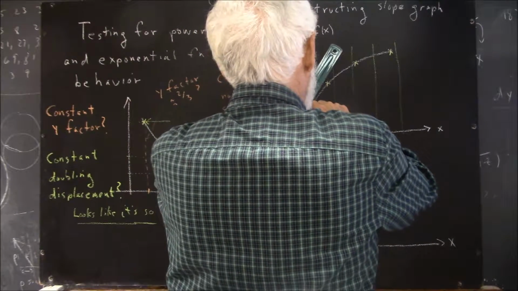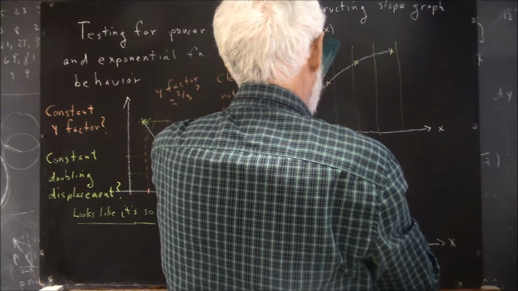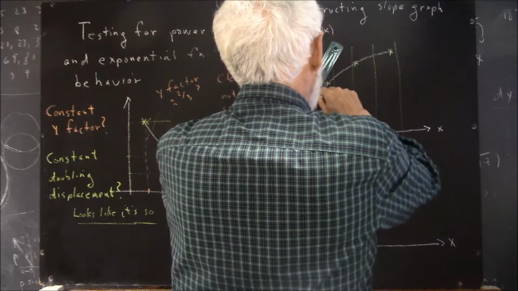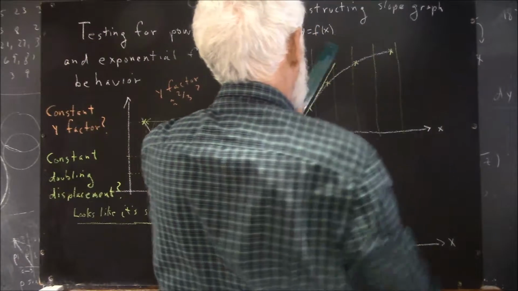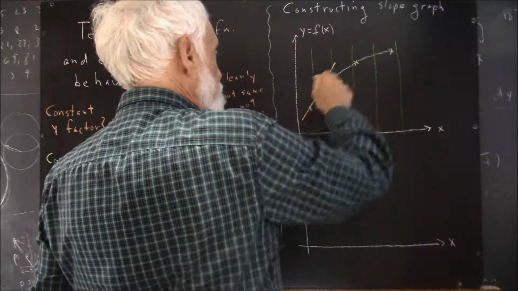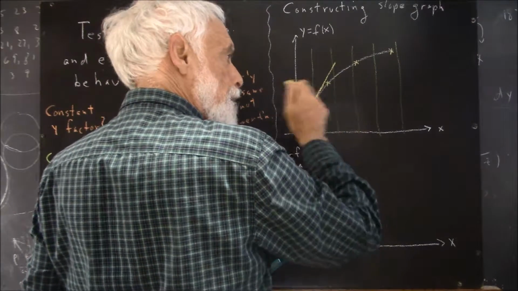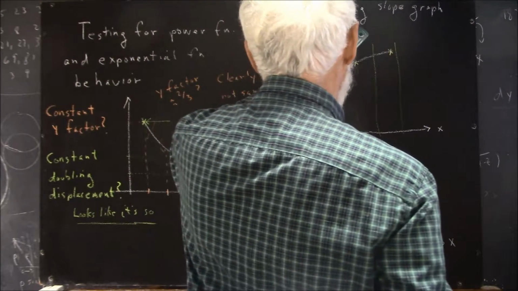So I'm going to construct a tangent line here, and I want to be sure that the tangent line crosses at least two of the vertical lines that I constructed. So this tangent line is extended to cross this vertical line and this vertical line. You'll see why in a minute, and it should all make sense.